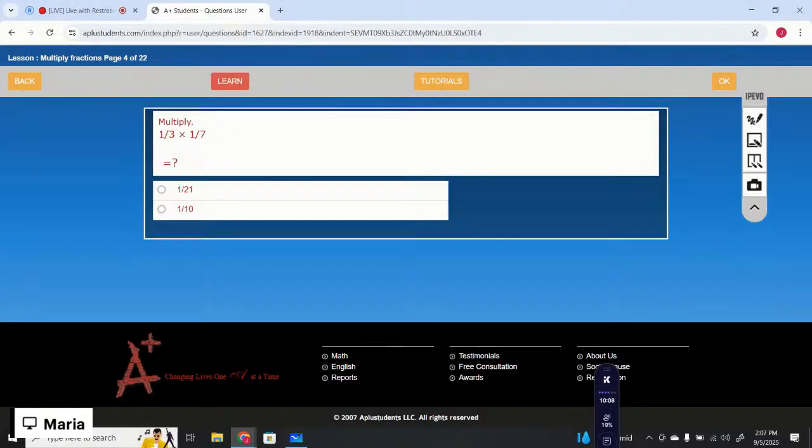One times 1 is 1 and 7 times 3 is 21. So option number 1 is the correct option. That is 1 over 21.